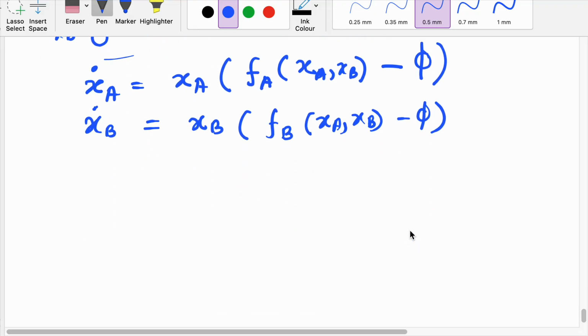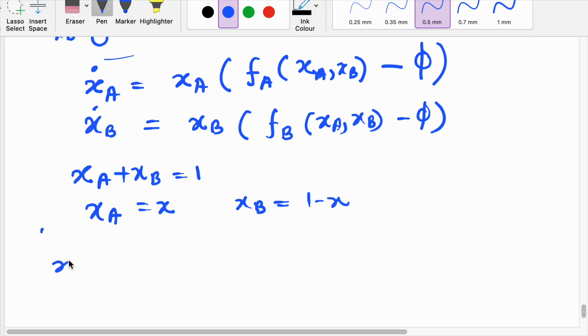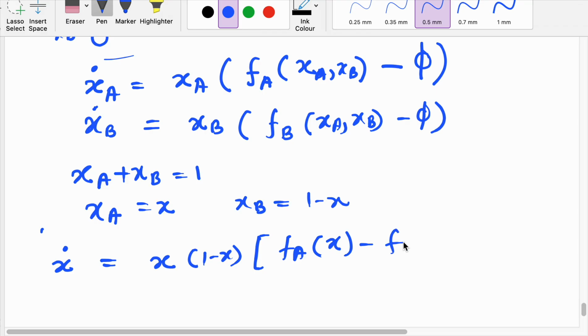Now since the size of the population is fixed, that means xa plus xb equals 1, so in place of two equations we can write one equation. Let me write xa equal to x and xb equal to 1 minus x. Then this will become x dot equals x times (1 minus x) times (fa(x) minus fb(x)).